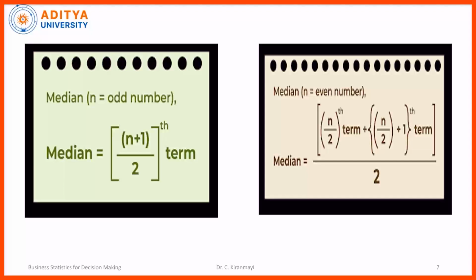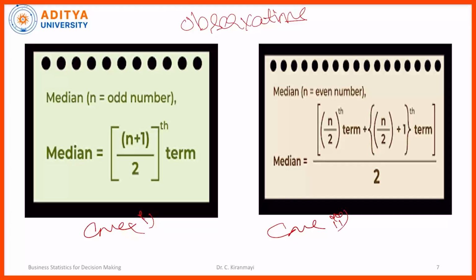First, let me tell you how to compute median for observations. Here we have two cases, case 1 and case 2. Whenever we calculate median for observations, the first thing is to look at the number of observations. We have two cases: one is the odd number case and the other is the even number case.